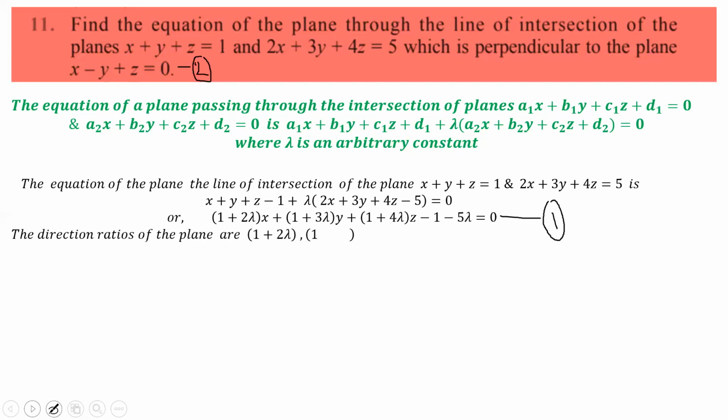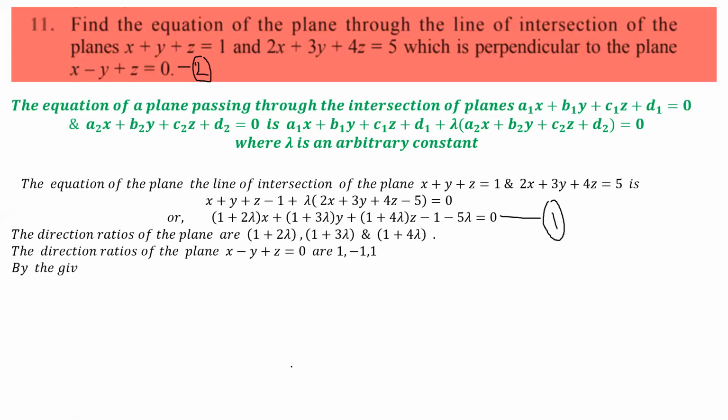So firstly find the direction ratios of plane 1 and of plane 2, that is 1, minus 1, 1. Now multiply a1 a2, b1 b2, c1 c2 and add them. According to the given condition, we get this equation in lambda, and from here you can easily find the value of lambda, which is minus 1 upon 3.